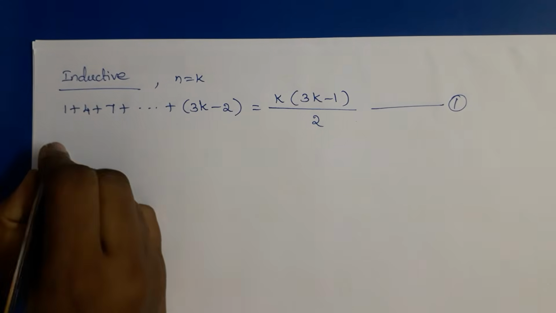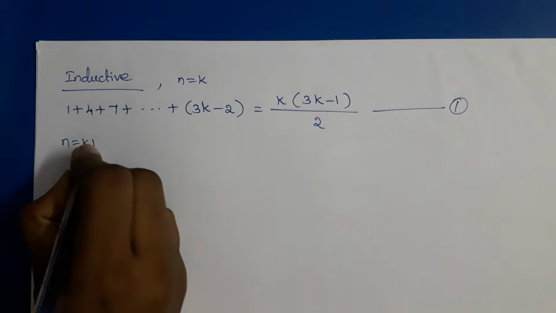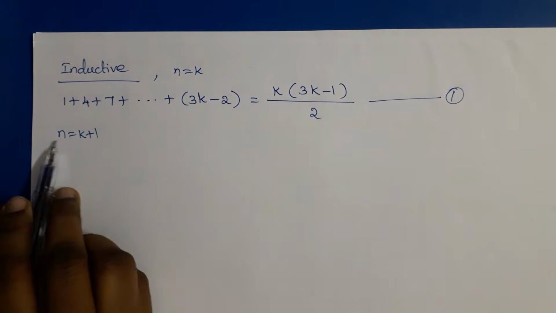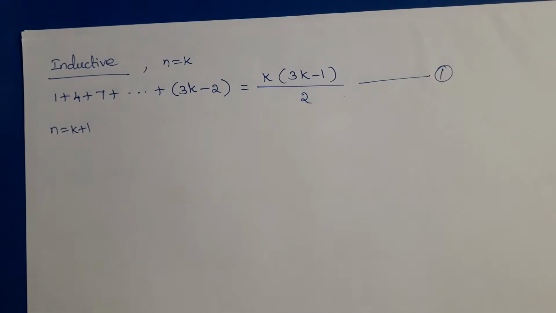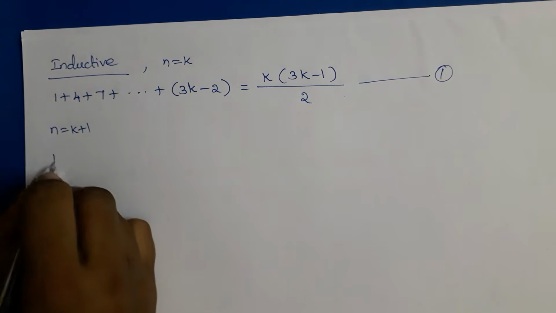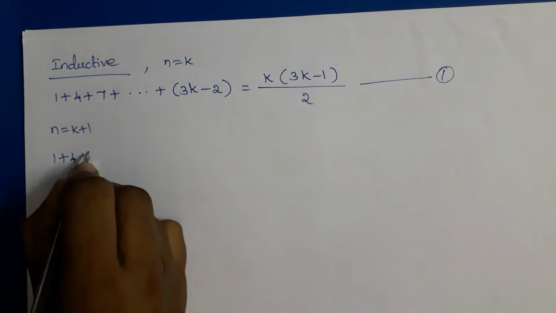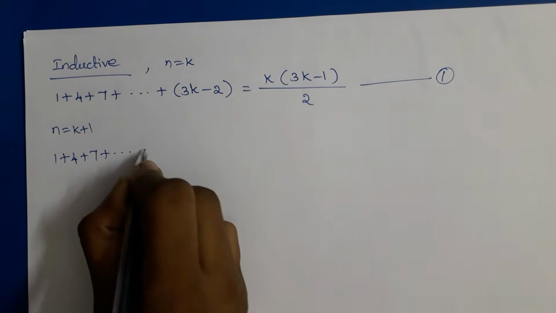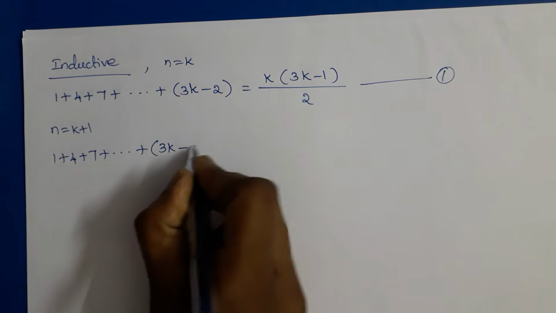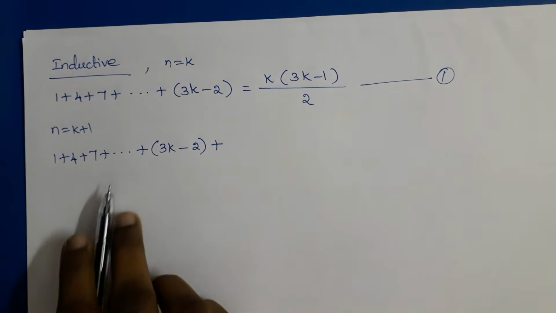Now we need to prove that the k plus 1th equation is also true. So we have to consider n is equal to k plus 1. We need to write the left hand side as 1 plus 4 plus 7 plus dot dot dot plus the kth term, 3k minus 2, plus the k plus 1th term.